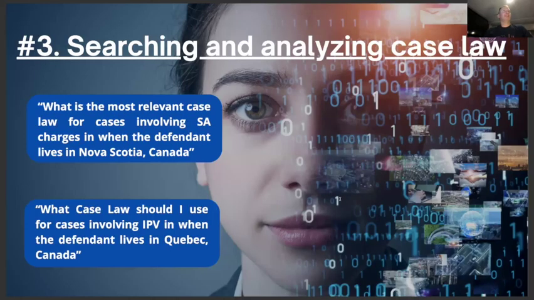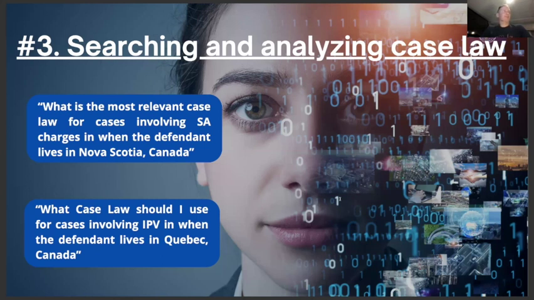As far as searching and analyzing case law, this is something that not a lot of us have a great deal of skill or experience in doing. So you could start with commands like, what's the most relevant case law for cases involving sexual assault charges when the defendant lives in Nova Scotia, Canada, and it'll summarize that information for you.